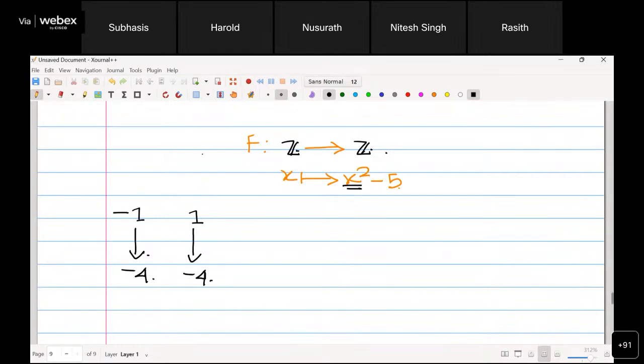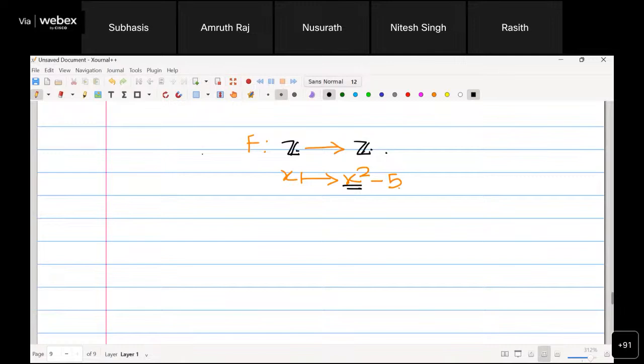But is it a surjective function? What about surjectivity? Same domain and codomain, and range will be the same? Yes, sir, codomain and range will be the same. Try to check.